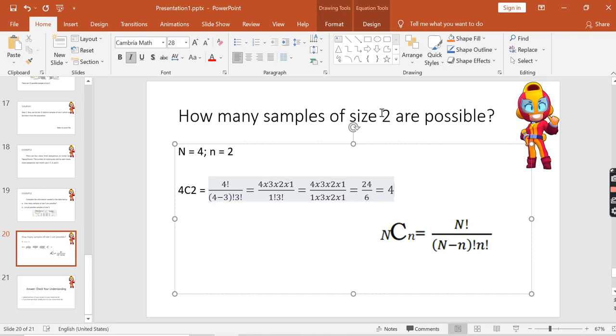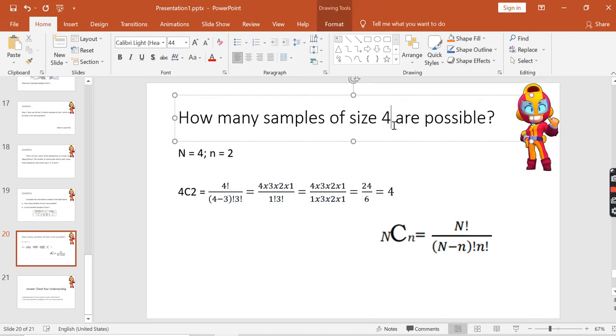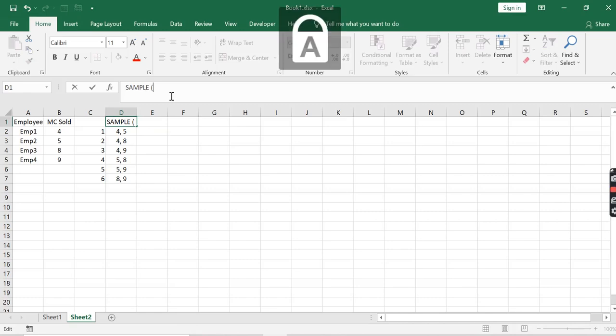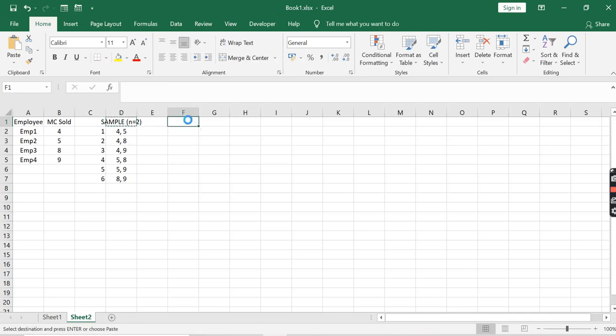So meaning there are only 4 possible combinations that we can produce from our problem. Okay, so let's try that. Take note that previously n was 2. Now we will be doing when n is 3.